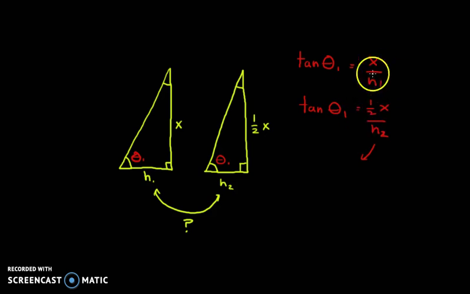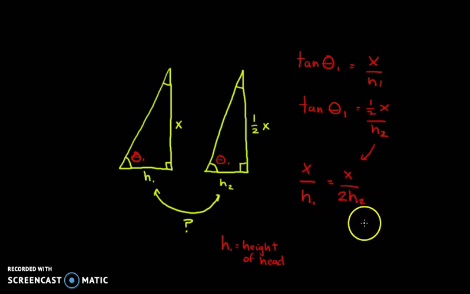So in other words, let's just do a little substitution. I am saying that x over h1, and remember, h1 is equal to the height of my head, whatever it might turn out to be, is equal to x over 2, I can bring the 2 down, over h2, and h2 is the height on the mirror. x and x, that's gone.